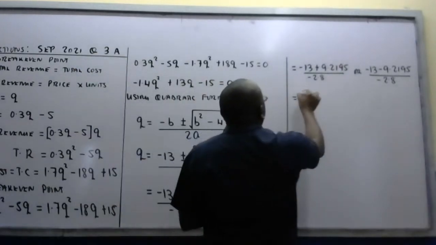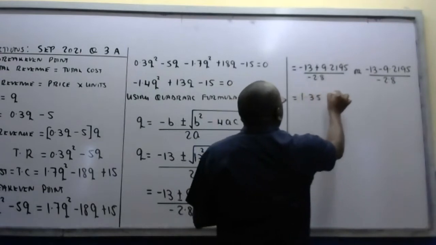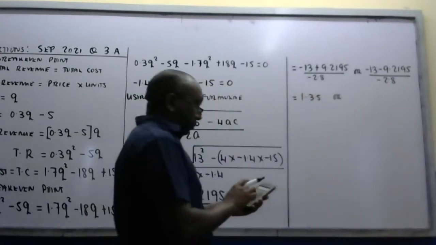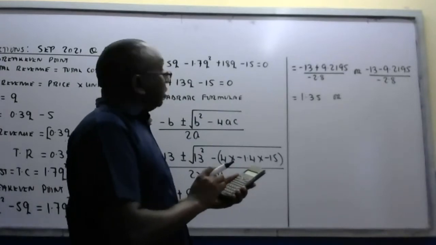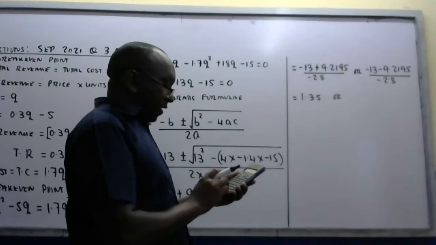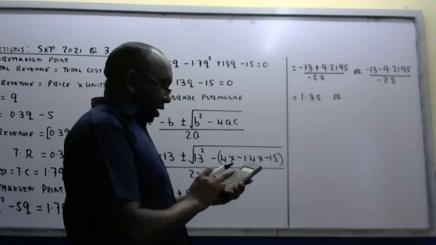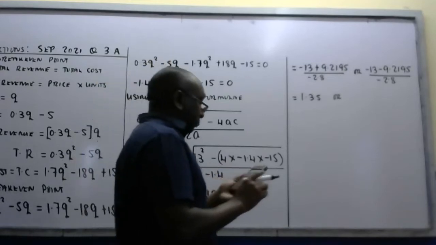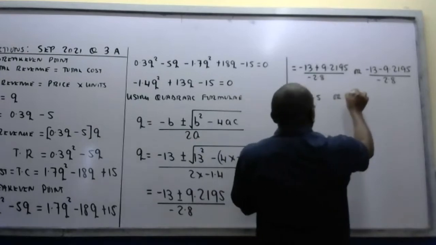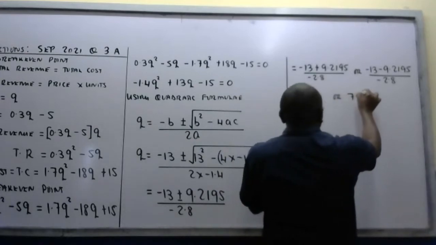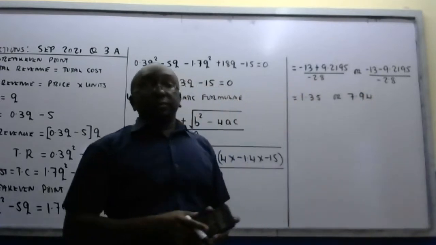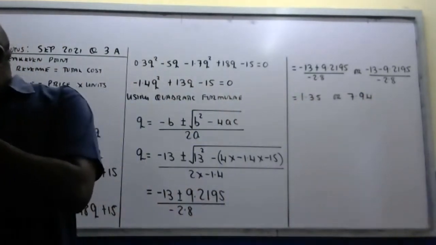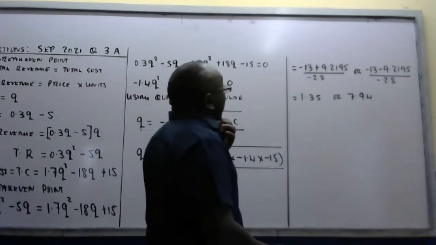I'm getting 1.35, or minus 13 minus 9.2195 divided by minus 2.8 is 7.94. So those are the answers.